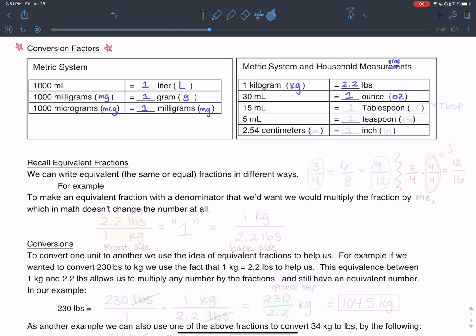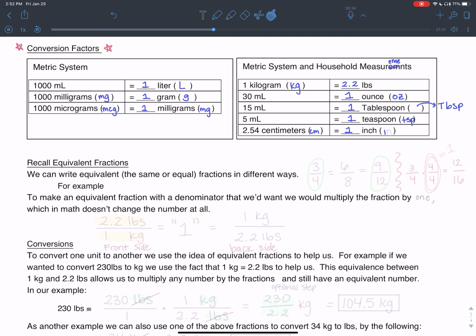That's a Z, not a 2. 15 milliliters is equal to 1 tablespoon, abbreviated capital T B S P. Sorry, I got a little big there. 5 milliliters is equal to 1 teaspoon. 5.4 centimeters, cm, is equal to 1 inch.